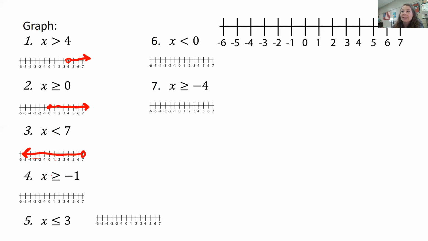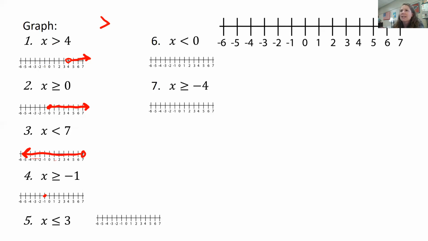Number 4, X is greater than or equal to -1. So I'm going to find -1. Can X be -1? Yep. I'm going to fill in my circle. And then which way does my arrow go? Well, if you guys look at these up here, now look at this sign right here. It kind of looks like the top of an arrow, right?